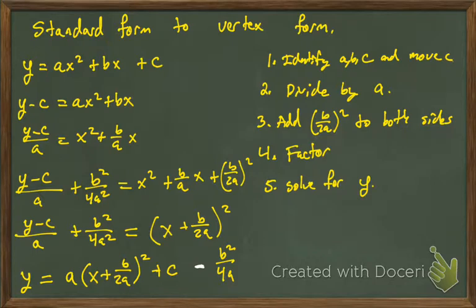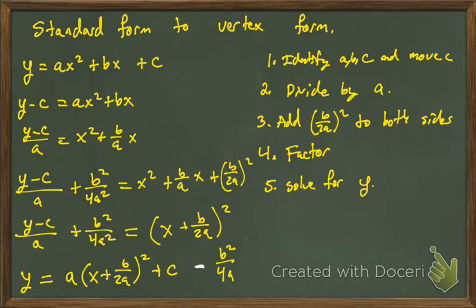Sorry, I had to fix an error there. So we would subtract b squared over 4a squared from both sides. Then we'd multiply both sides by a, so I shouldn't have an a with a c. When I multiply by a, that'll absorb one of the a's on the 4a squared in the denominator. And then finally we'll add c.